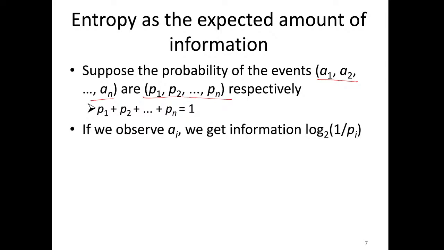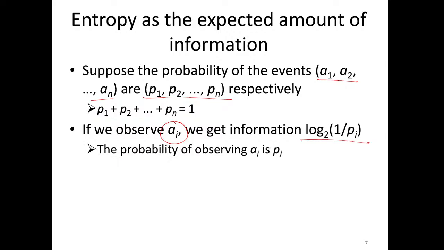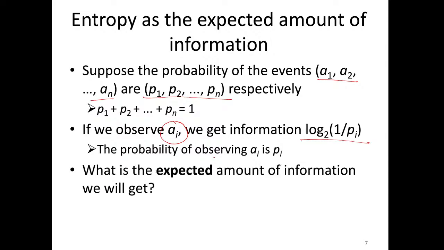And if we observe a certain ai, then how much information do we get? We get log 1 over pi, right? This is based on our earlier definition of information. And now we know that the probability of observing ai is pi. So what is the expected amount of information we will get?